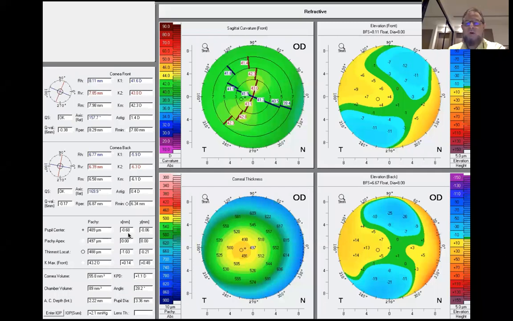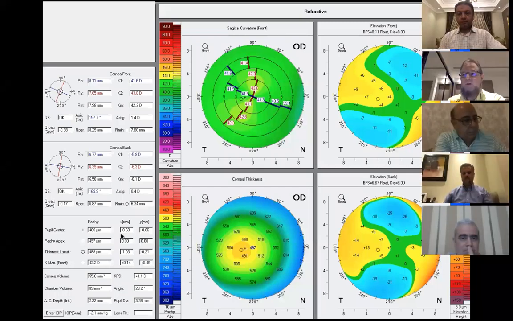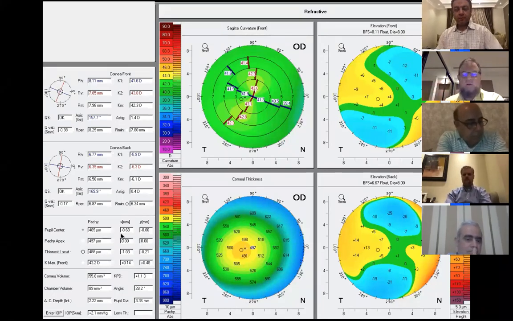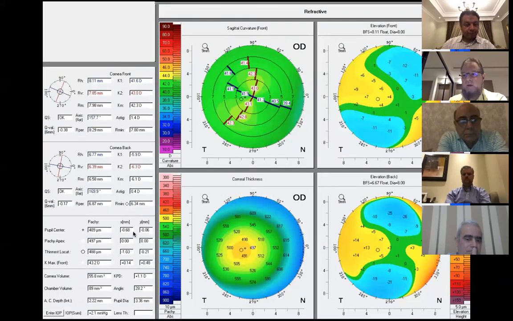So in this case, you have to depend on the pupil center coordinates. You just take X and Y of the pupil center coordinates, and it will roughly be the angle kappa. So in this case, the X is 340 microns, which is borderline.